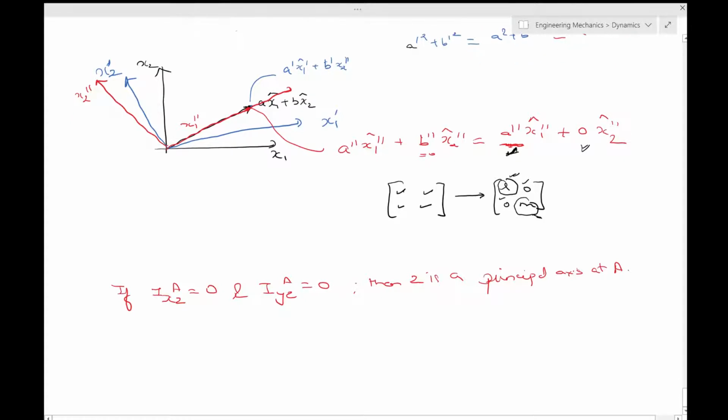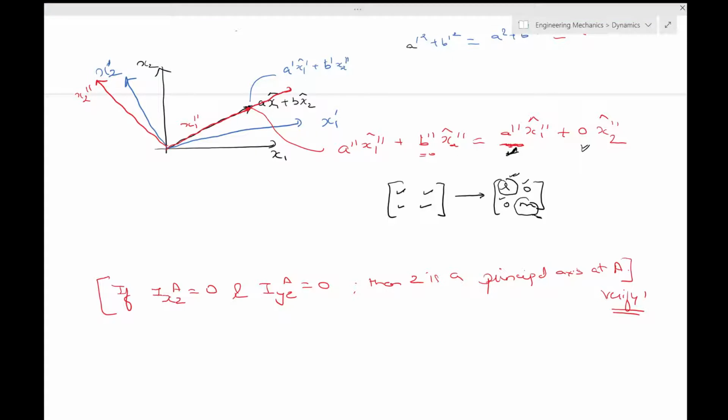This is something which you must verify. It is one of the exercises in your text, so please do this. The proof of it is somewhat easy for us to do.